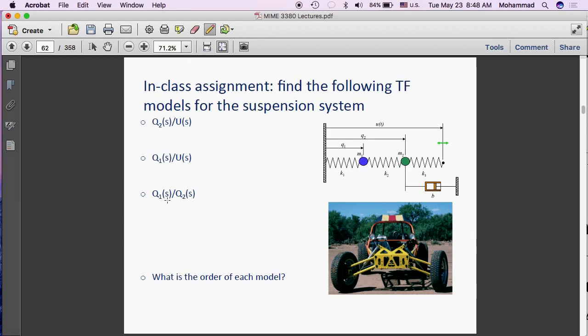That is a perfect example to show you the versatility and benefits of using transfer functions, because from the exact same differential equations, you can establish different models. It would be hard to see between 2 second-order differential equations the relationship between Q1 and Q2, or between U and Q1, separate from the rest of the variables.